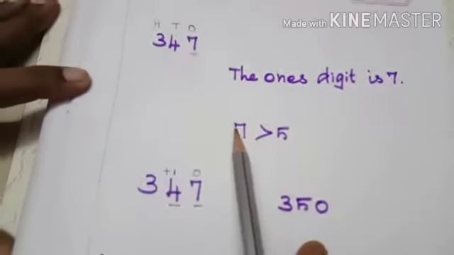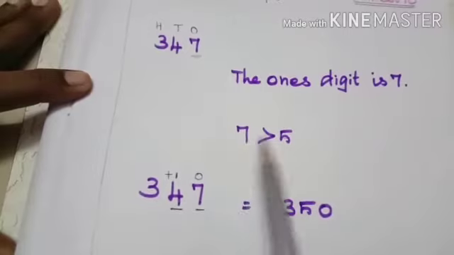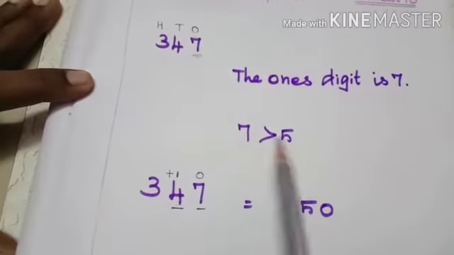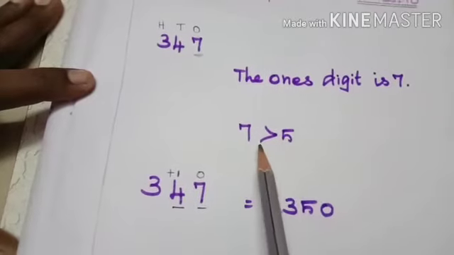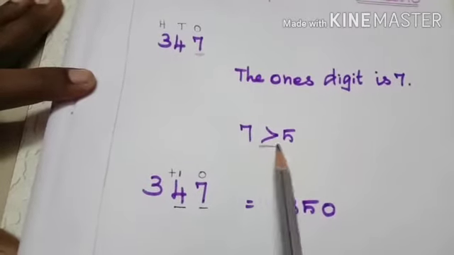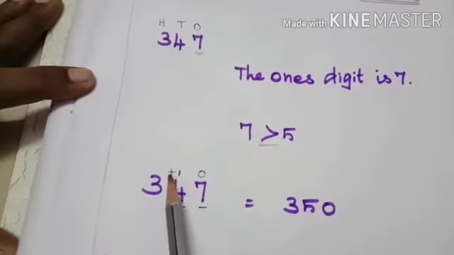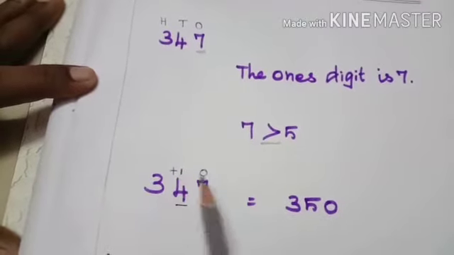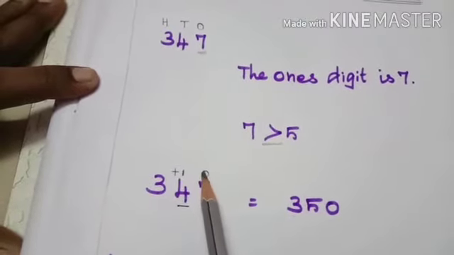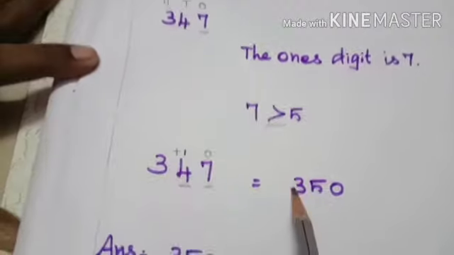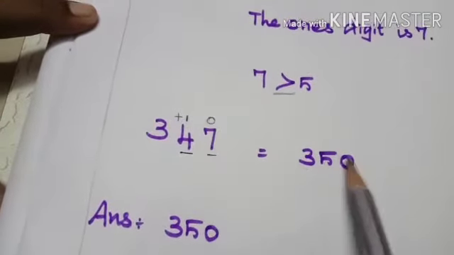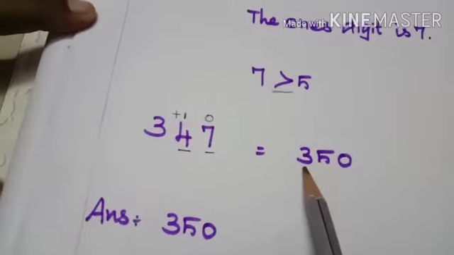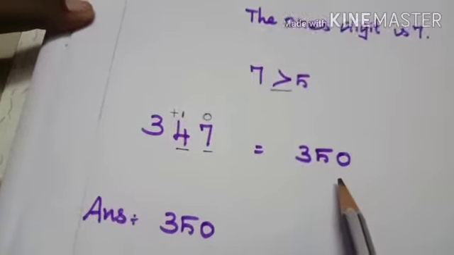So we have to compare the 7 with 5. Here 7 is greater than 5. We have to add 1 in the tens place and put 0 in the ones place. So 4 plus 1 is 5, and here we put the 0. So the answer is 350.